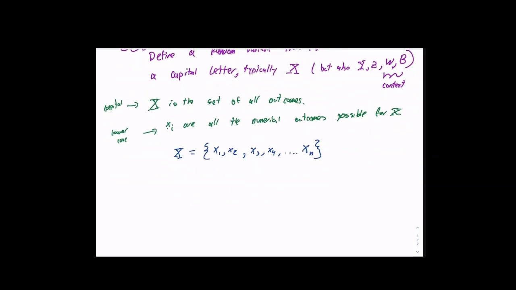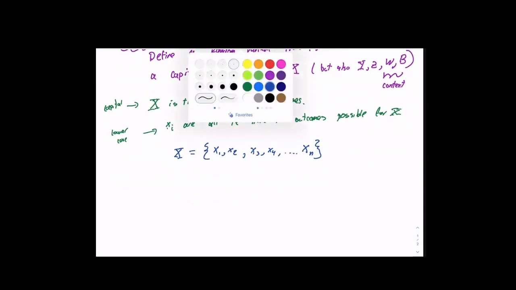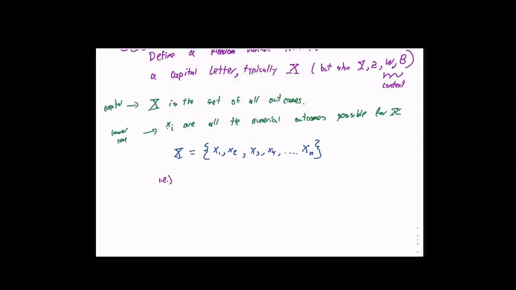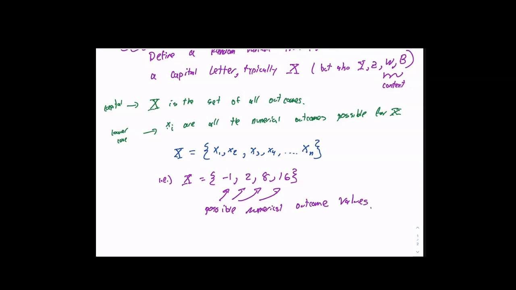All right. So for example, X could be the set -1, 2, 8, and 16, where these are the possible numerical outcome values.